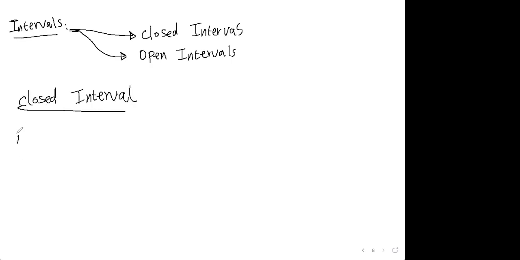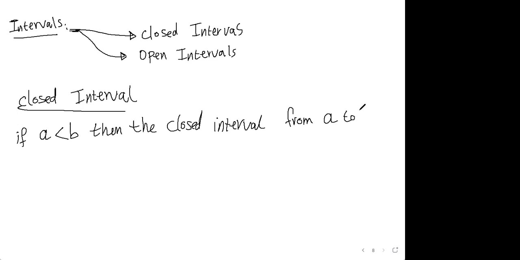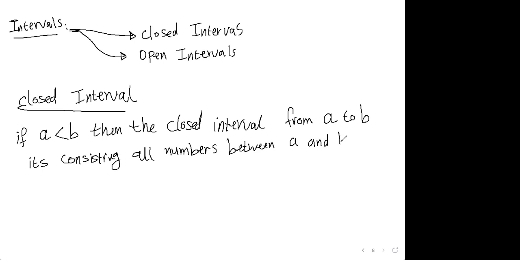Suppose I have an element A, a real number, less than B. Then the closed interval from the number A to the number B consists of all numbers between A and B and the endpoints, I mean the endpoints A and B. It is denoted like that.